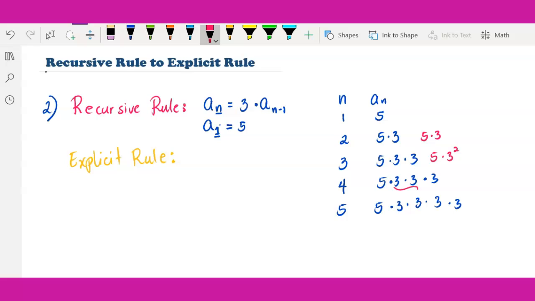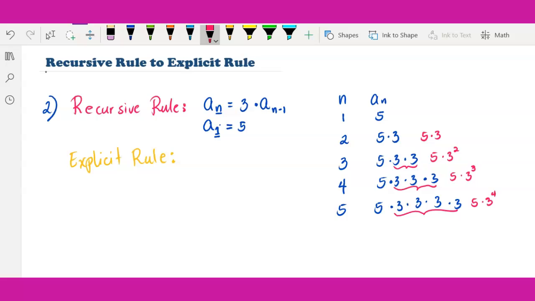Instead of writing this, it's going to be 5 times 3 to the third power. Yes, to the third power. And then instead of writing 4 3's right there, just write it as 5 times 3 to the 4th power.